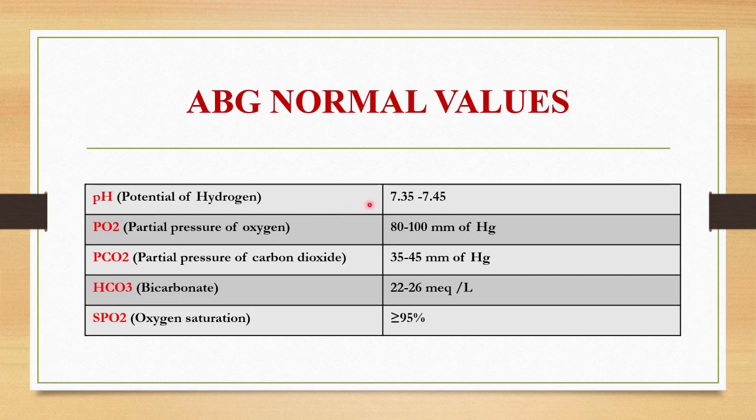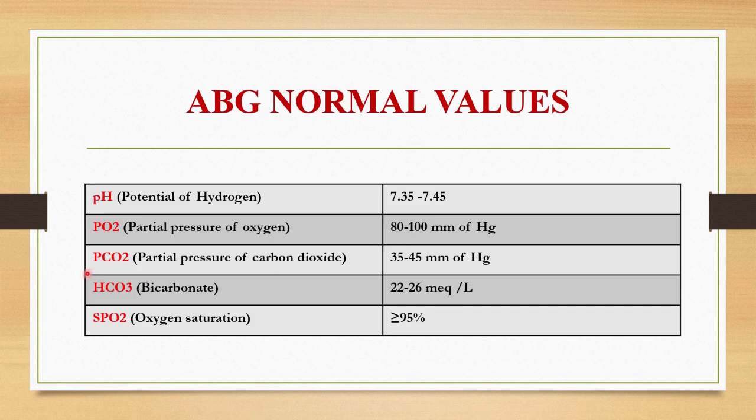The normal value ranges from 7.35 to 7.45. The next one is PO2, partial pressure of oxygen. That is the amount of dissolved oxygen in the blood. And the normal value ranges from 80 to 100 millimeter of mercury.